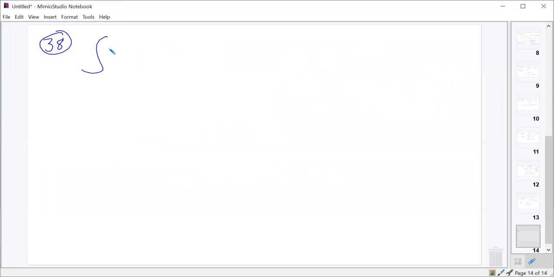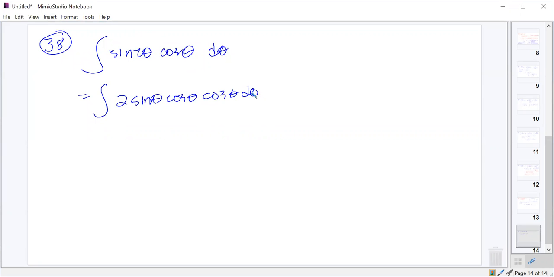We got an integral of sine 2 theta cosine theta d theta. So we're just going to use the double angle identity on this one to turn sine 2 theta into 2 sine theta cosine theta times cosine theta d theta, which can be 2 times the integral of sine theta cosine squared theta d theta.